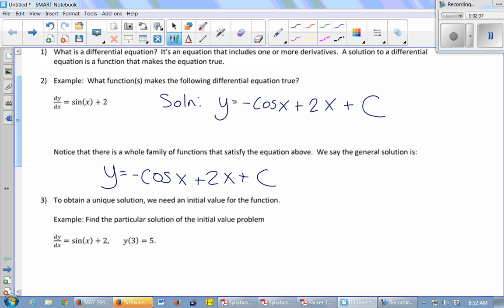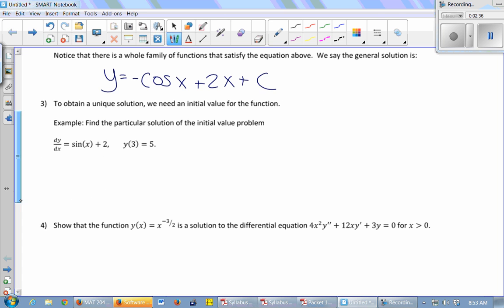If I want to obtain a unique solution, you need an initial value, right? So if I want to know what the value of c has to be, you need more information. So for example, same differential equation, dy/dx is sine of x plus 2, but I want to find the particular solution so that y of 3 equals 5. And this is called an initial value problem, when you have a differential equation and an initial value.